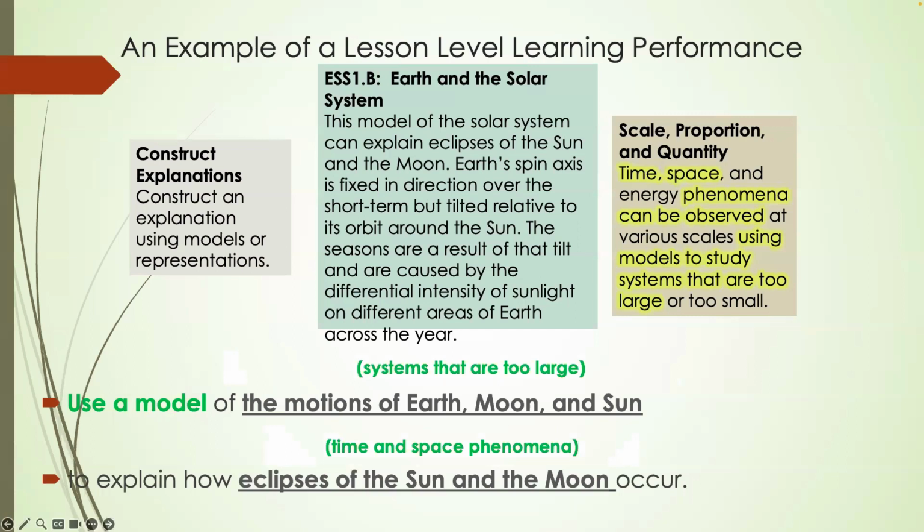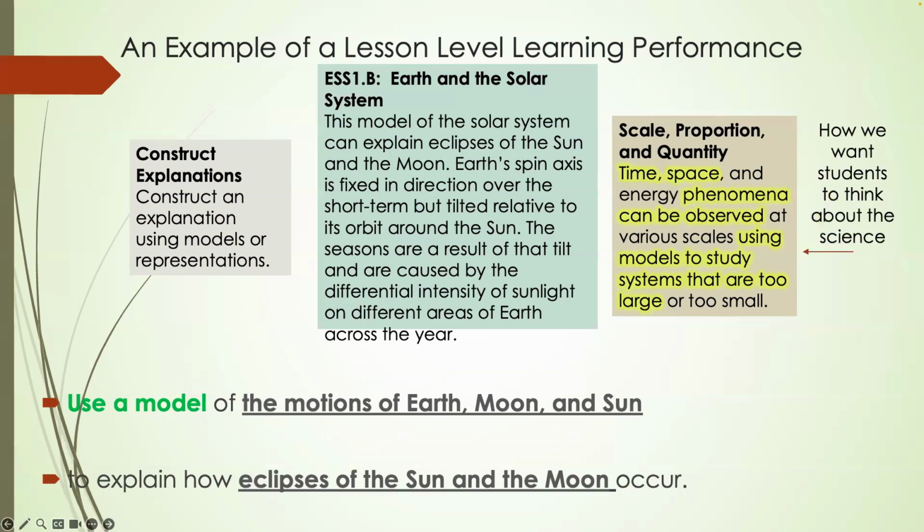So to explain how eclipses of the sun and the moon occur, they occur predictably and they occur in space, right? Okay. How we want students to think about the science is our cross-cutting concept, scale, proportion, and quantity. We have to be intentional as science teachers about that.